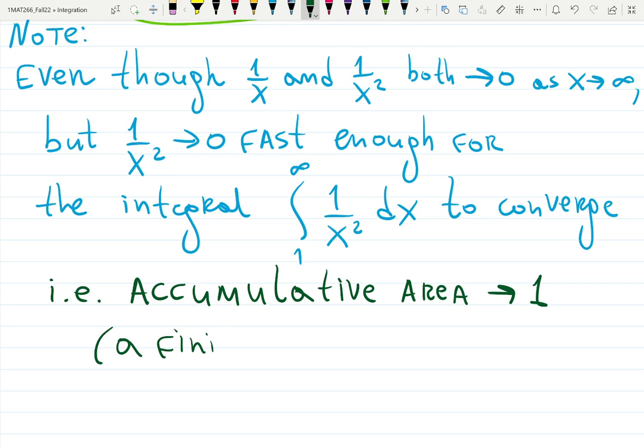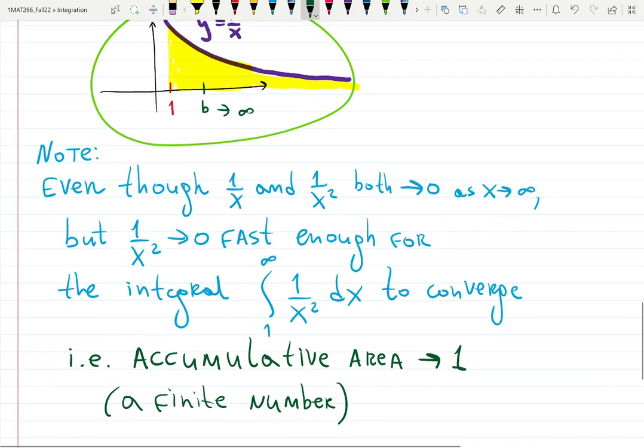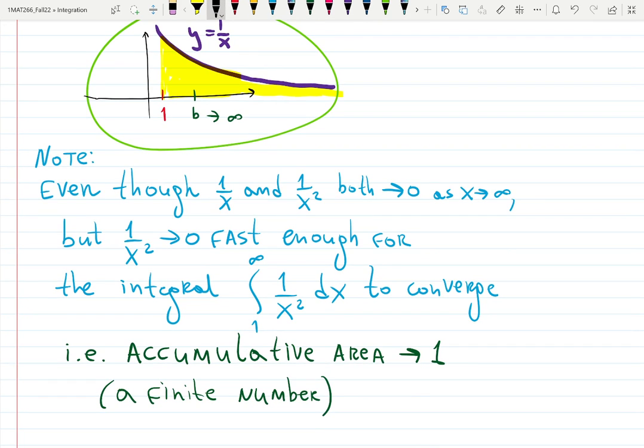A finite number. And this is something new, which is pretty awesome, that infinite stuff converges to a finite number, if it shrinks to the horizontal asymptote fast enough. Horizontal asymptote is here.